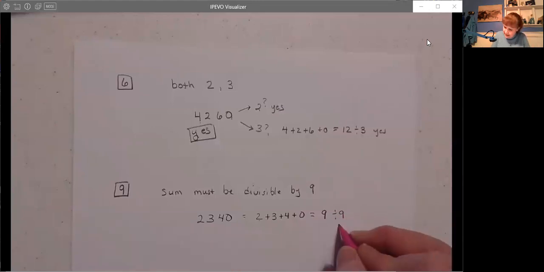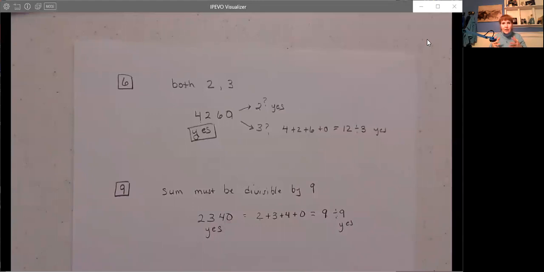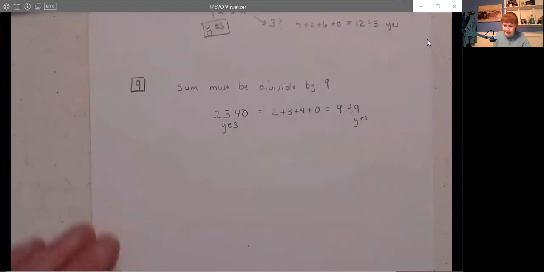So the answer is yes. So it's just like the 3. You sum up the digits, but rather than dividing your answer after your sum by 3, you divide by 9. And if it's yes, then it works. If not, no. And our last one is 10.